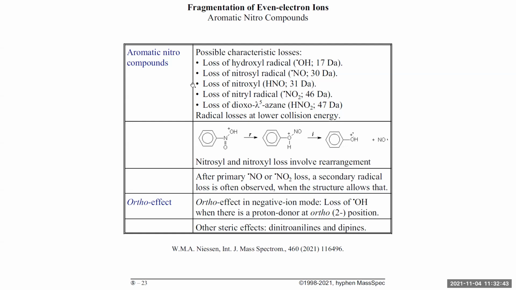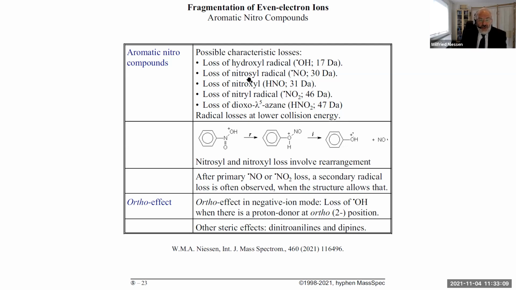So the third group of compounds I'm looking at in this particular case are aromatic nitro compounds. And aromatic nitro compounds can actually show a series of losses, which is losses of hydroxyl radicals, OH dot, so losses of 17.